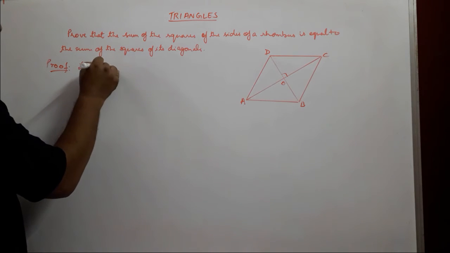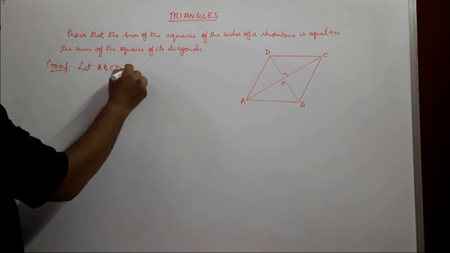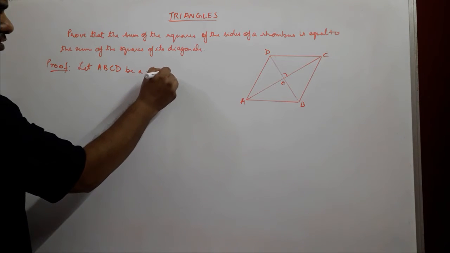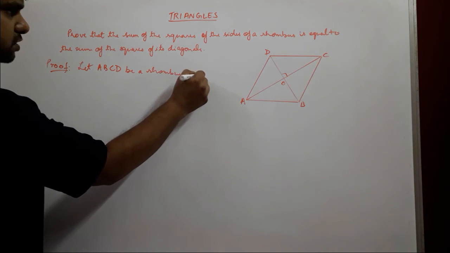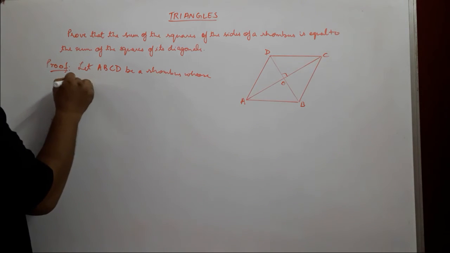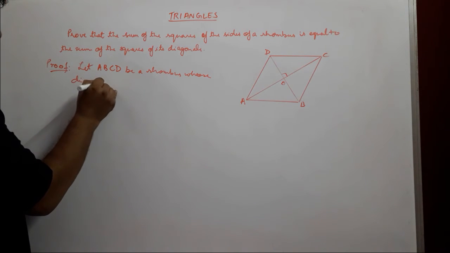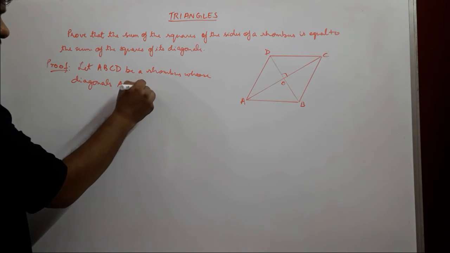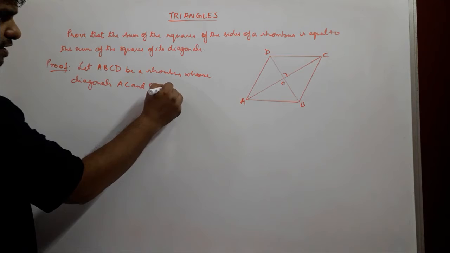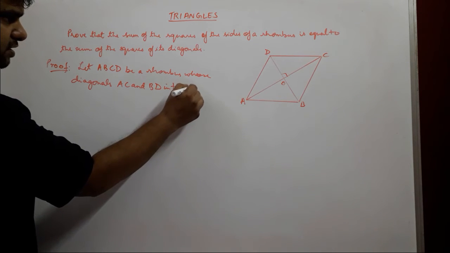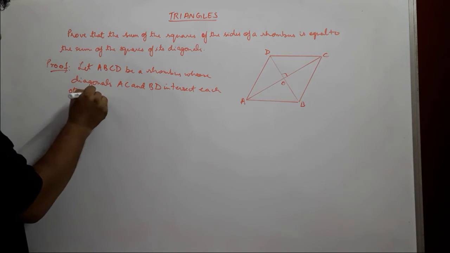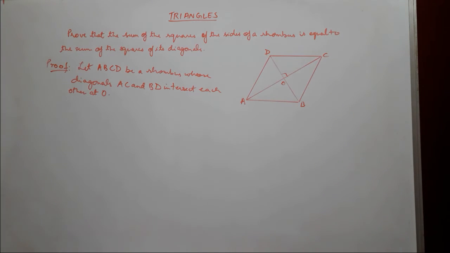let ABCD be a rhombus whose diagonals, that is AC and BD, intersect each other at O, right?